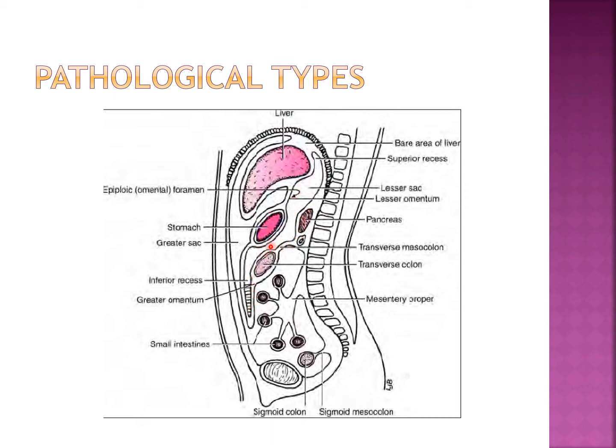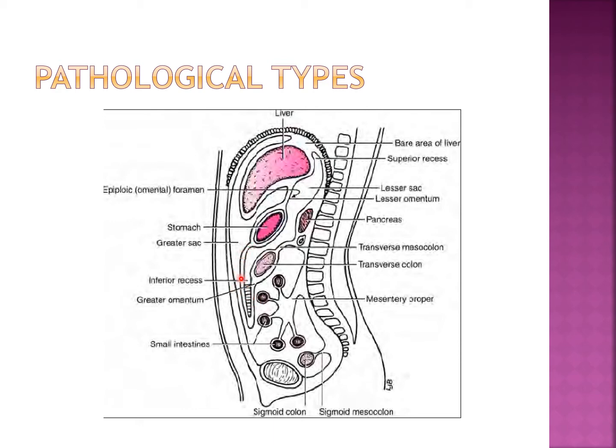This space is called the lesser sac. And these two sacs are not connected except at the foramen of Winslow, as you all know. And there is another anatomical factor which favors localization of infection, or prevents the spread of infection through the whole peritoneum.